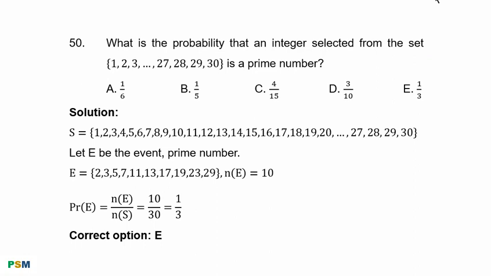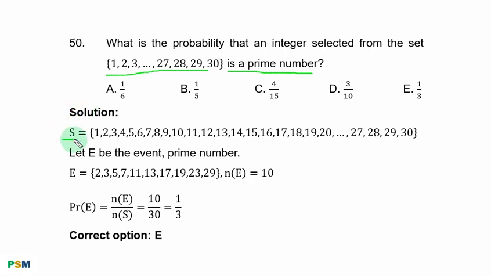Question 50. What is the probability that an integer selected from this set is a prime number? Solution. The given set is the sample space or universal set.